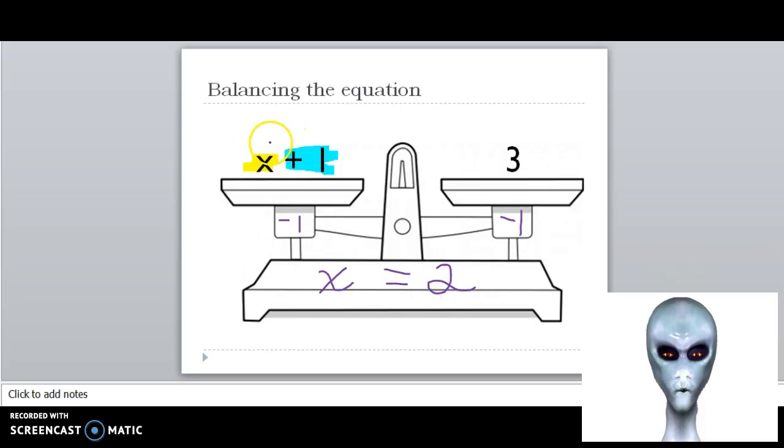If I go back and plug in 2 for x, I'll have 2 plus 1 on this side, 3 on this side. 2 plus 1 gives me 3, which will balance out to 3 on this side.